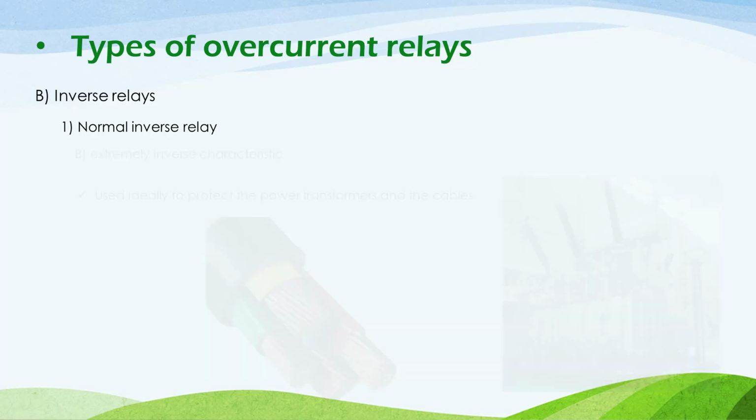Now the third type of relays under the inverse category is the inverse definite minimum time, and that type of relay is a combination of two types. The first one is the inverse relay and the second one is the definite time relay. And this means this type of relay works inversely for a specific region, or it has an inverse relation between the current and the time for a specific region, and it works with a constant or a definite time at any fault current for another region.